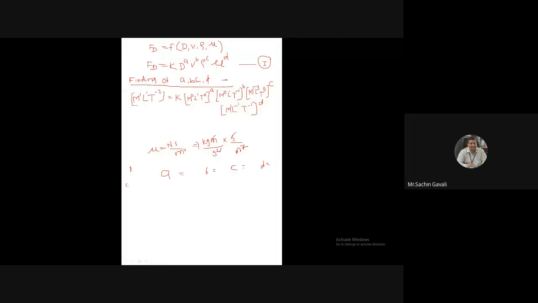Okay, everybody, I will send this PPT to you. Everybody understand this? Or you can write it down. As there are 4 unknowns and 3 equations, we have written all in terms of d, the fourth variable.